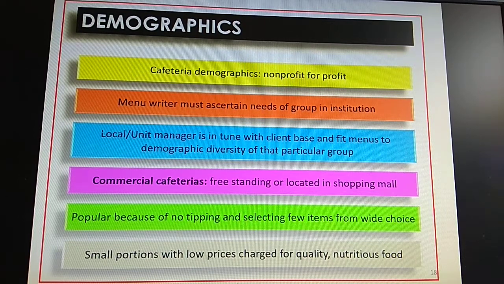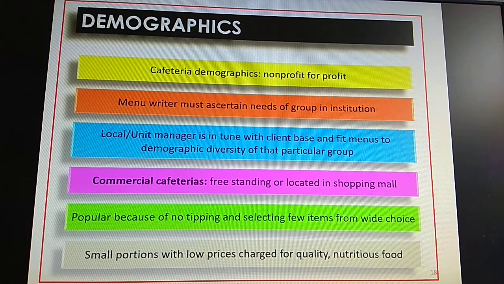And then small portions with low prices are charged for quality, nutritious food. Basically, all cafeterias offer that kind of characteristic. Why do all cafeterias have the same objective of serving quality and nutritious food?